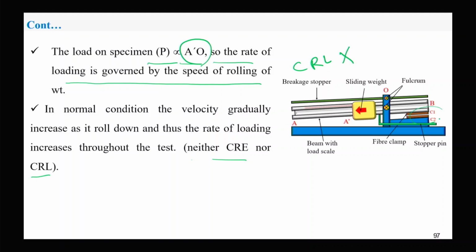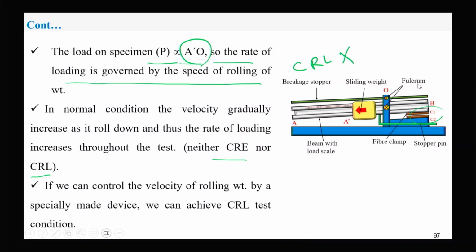So extension we cannot control, and CRL is not working. But if we can control the velocity of rolling by certain specially designed means, then we can achieve the CRL test, but which is very difficult.